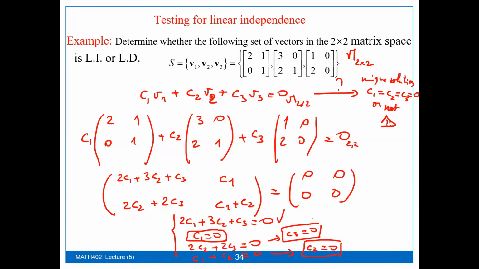Okay, so yes, we have a unique solution, which is the trivial solution. So what's the conclusion? Yes, S is linearly independent. There is no relationship between these three matrices. This is the idea.